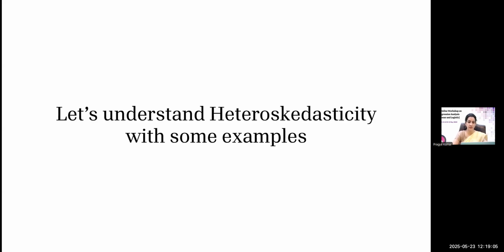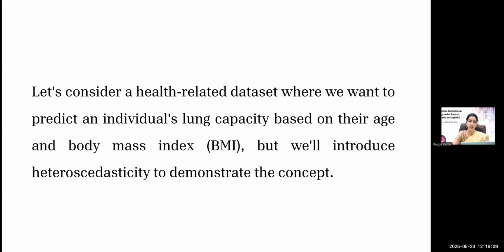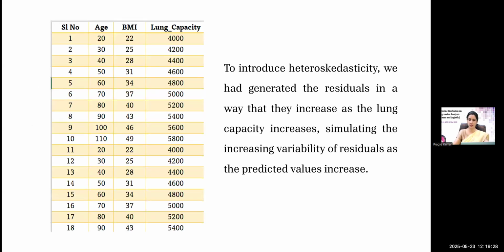So now, let's understand this with some more examples. Let's consider this data set where I want to predict individual lung capacity based on age and BMI. But again, I have introduced this concept of heteroscedasticity to demonstrate this. So this is the data set.